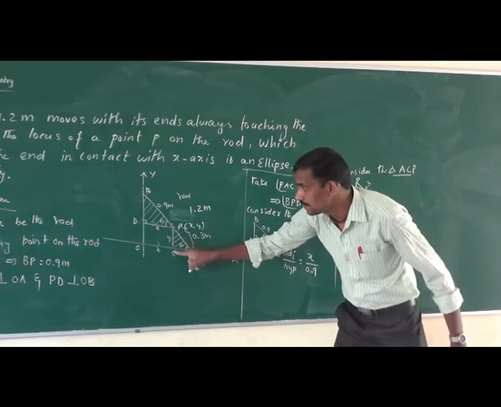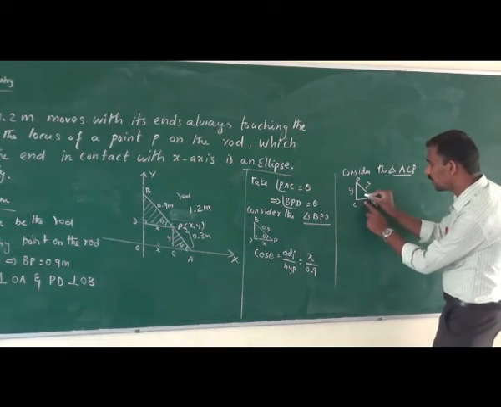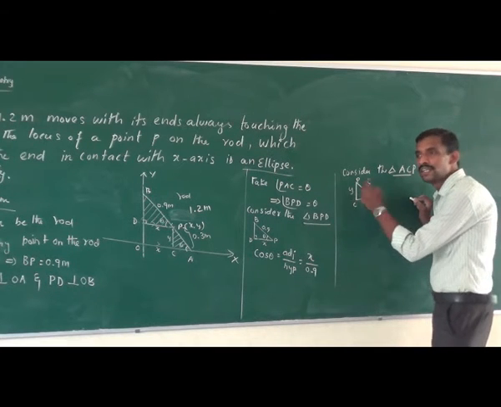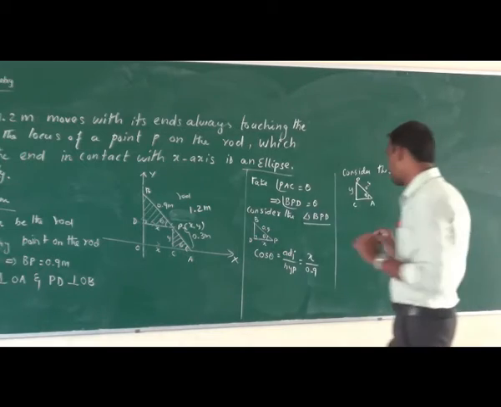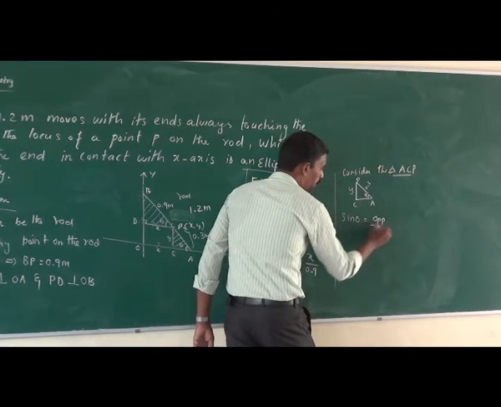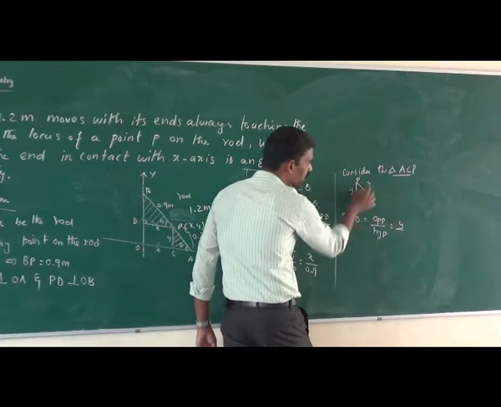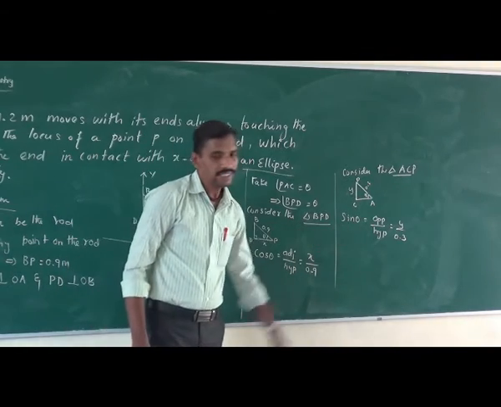Here PC is y. Now this is theta, so we know the opposite and hypotenuse. The relation between opposite and hypotenuse is nothing but sin theta. Right? So sin theta is equal to opposite divided by hypotenuse. What is the opposite side here? y. What is the hypotenuse here? 0.3. So now we have cos theta and sin theta.